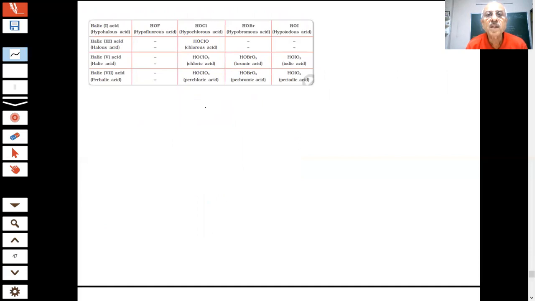Students, here is a table which can be obtained from the books. First I am saying this is for fluorine. Important point, because a question could be there in the paper: fluorine forms only one oxo acid, which is HOF.